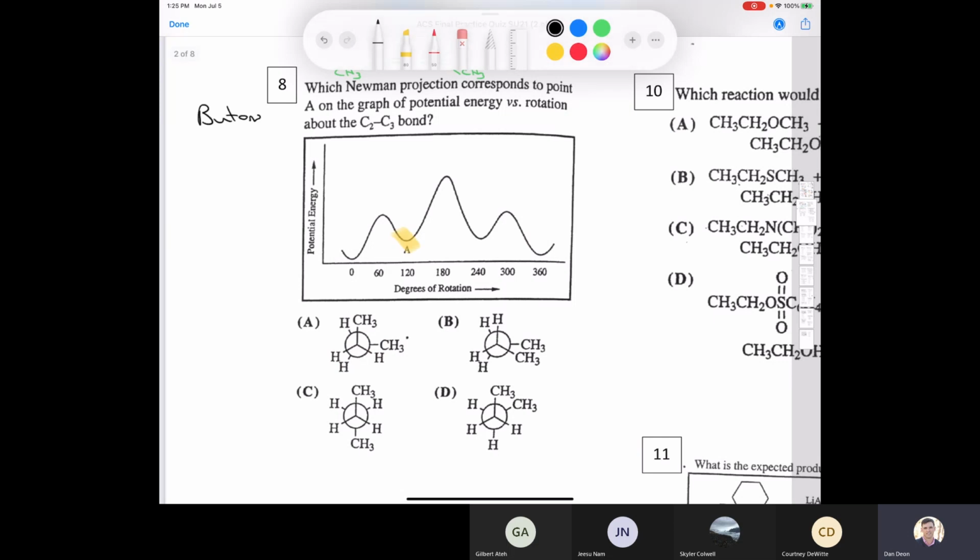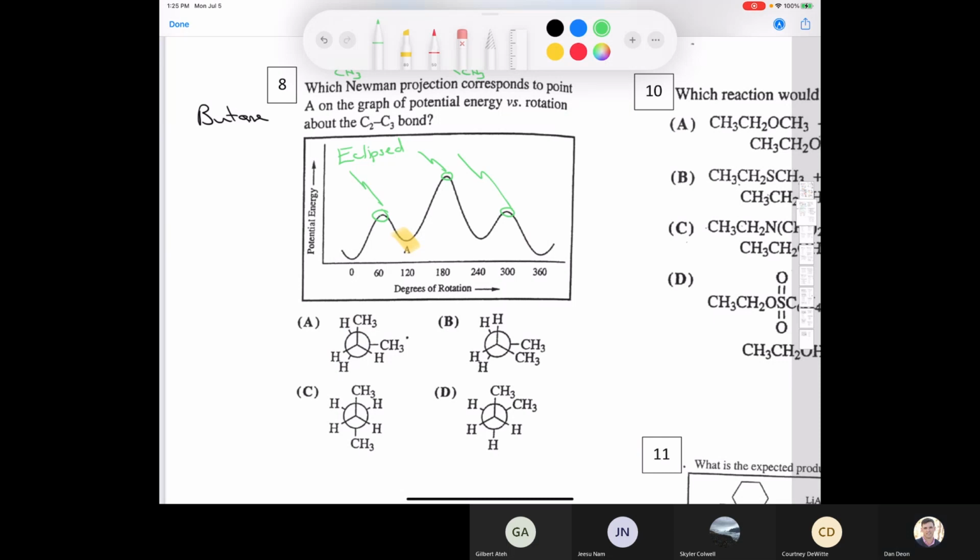We're dealing with butane. Okay. So if I take a look at all the maxima here, these are going to be eclipsed conformations, aren't they? Right, so these are all eclipsed conformations.